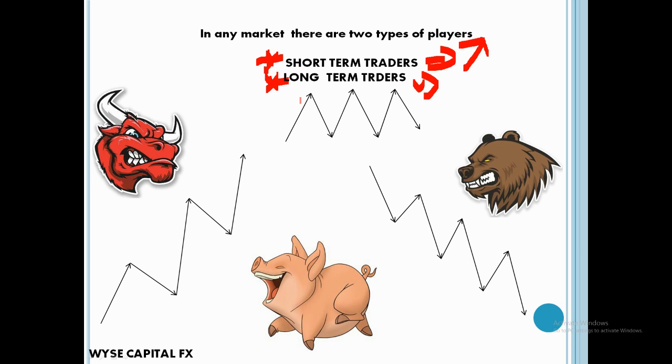So when the market is going upward, it's very important you classify the market information before you trade, or it's good you look at the chart from the point of view of two players, which are long-term traders and short-term traders. When you want to place an order, you are a short-term trader, and you cannot be a big player.